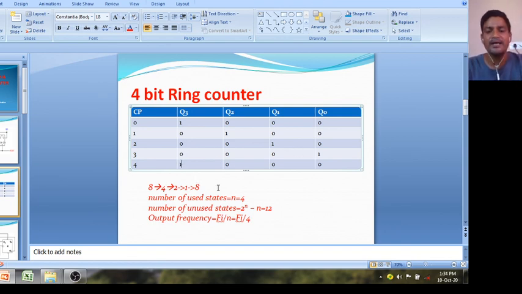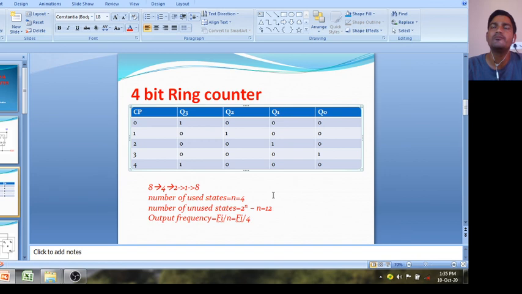This is the pattern of your synchronous counter, or you can say 4 bit ring counter. Okay, this is an example of a synchronous counter. So 8421. Okay, and total number of used states is nothing but the total number of flip-flops required. It is called used state. And you have to remember, total states in a counter equal 2 to the power n, where n is the number of flip-flops.